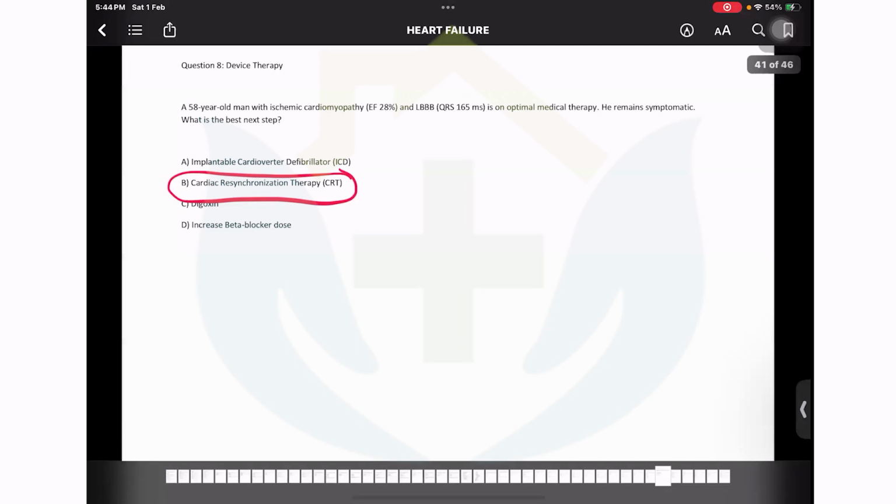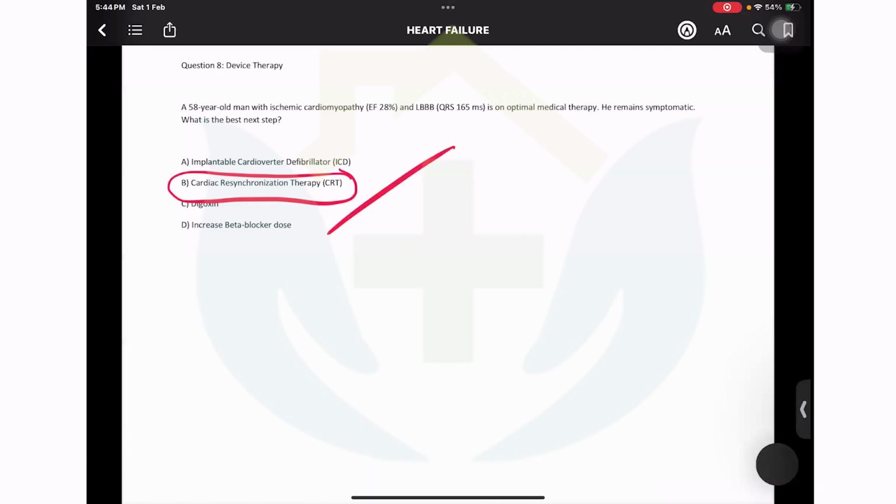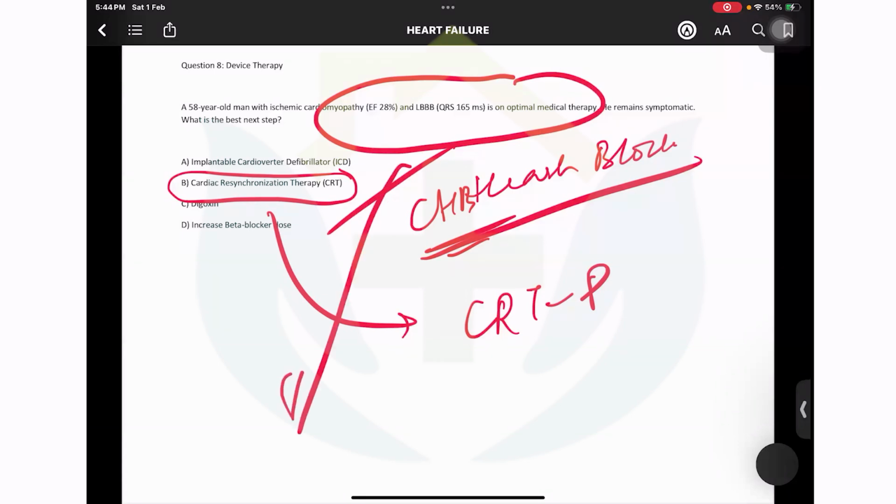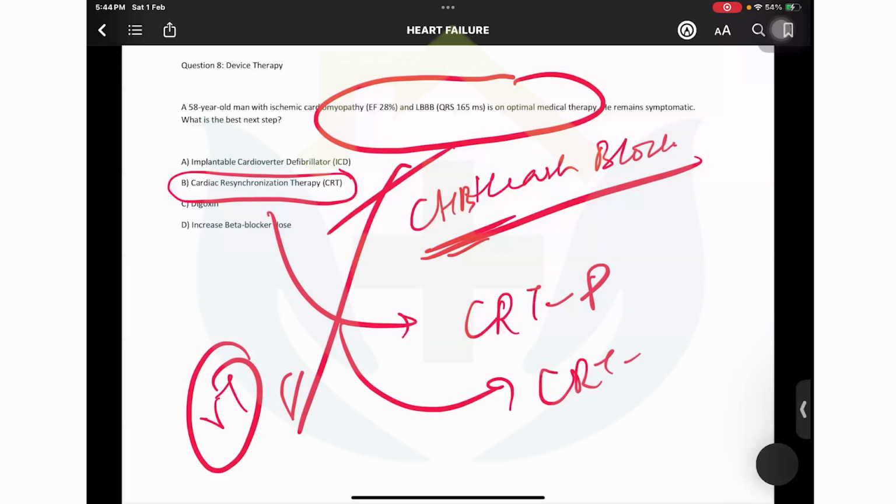CRT. So let us say the patient is admitted to you with heart block, CHB, same patient. Then you will put the patient on CRT-P. But if the same patient came to you with ventricular tachycardia, then you will do CRT-D.